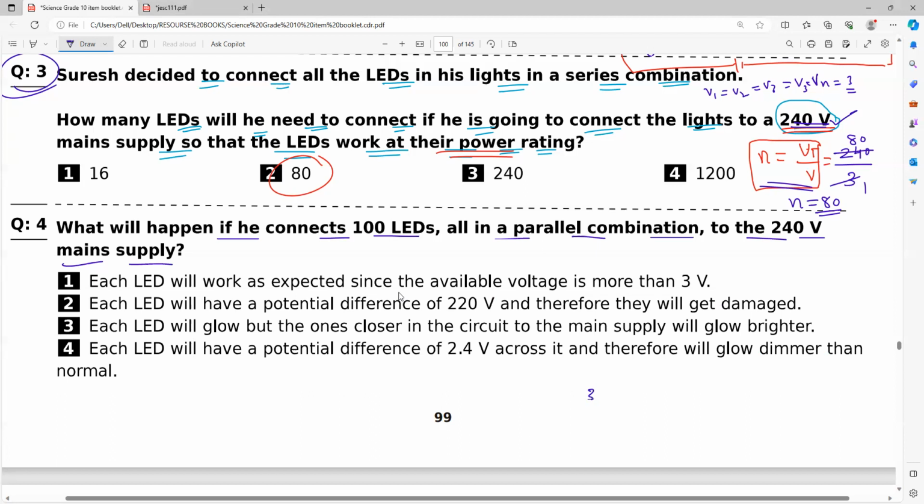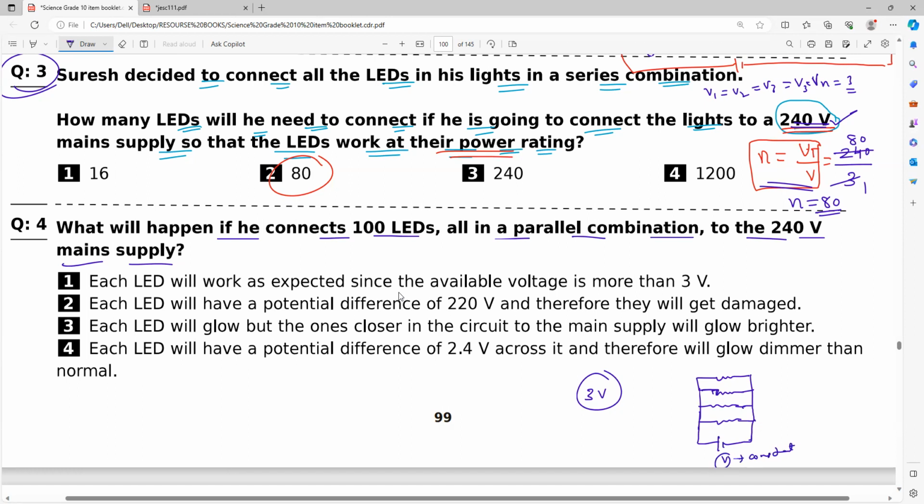My capacity is 3 volts. You have connected everything in a parallel connection. In a parallel connection, what remains constant? The supplied voltage remains constant.